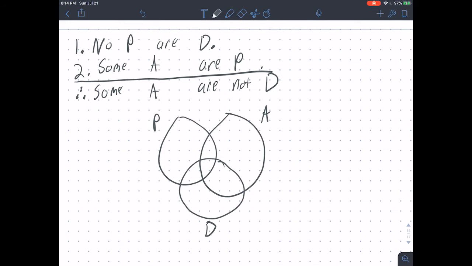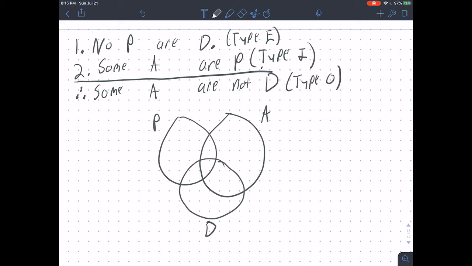Remember we have to shade before marking. Oh, I should write in the sentence types just to make this easier. So this is a type E. This is a type I. And the conclusion is a type O.